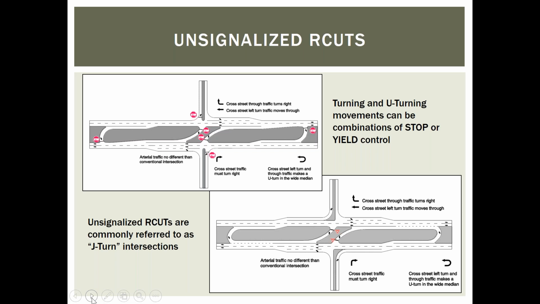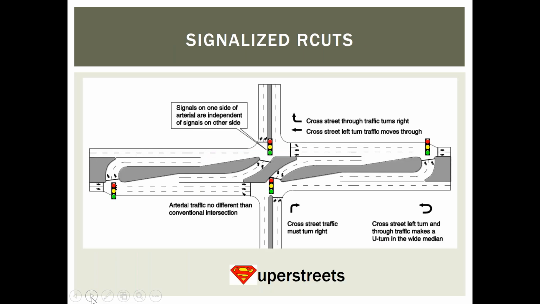The traffic control can be stop control or yield control, or it can be signalized. And if it's signalized, the signals provide the stoppages in major street traffic. The signals provide for the gaps to come out from the minor street, and the signals can also control the creation of gaps for the U-turn maneuvers.